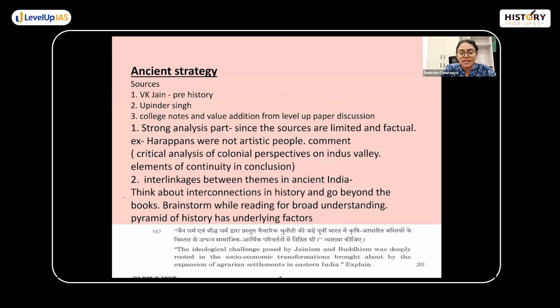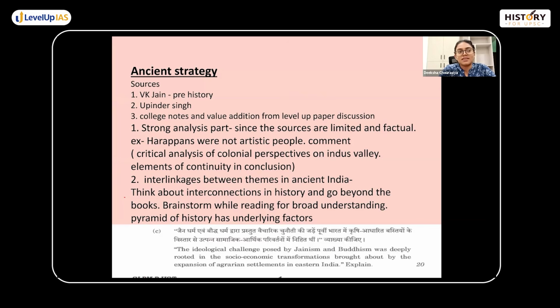The analytical part, I know the resources are limited, but even in LevelUp, whatever we discuss, the debates on Ashoka, Buddhism, Harsha, all these debates, आप उन debates का एक one pager बना लीजिए, and after that, you just write the major arguments and the scholars associated with it. You will subsequently write the answers.